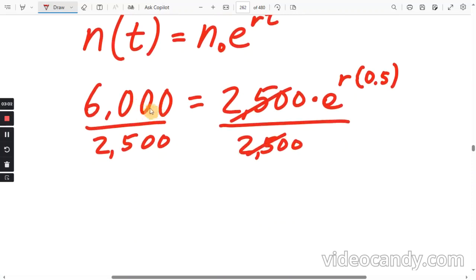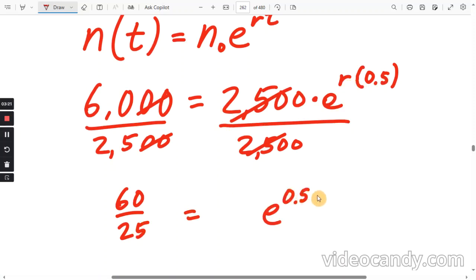And we can cancel a couple zeros, divided by 100 top and bottom. We're left with 60 over 25, and that equals e to the power of r times 0.5. So it's just going to be 0.5r.